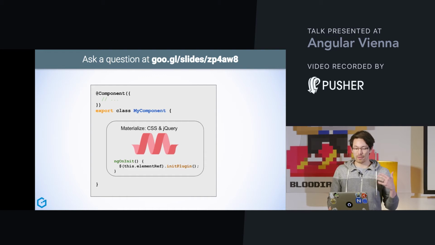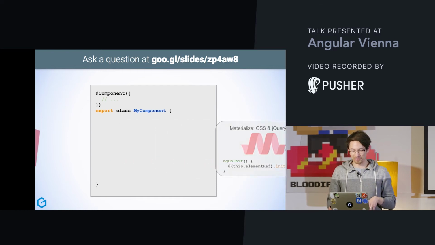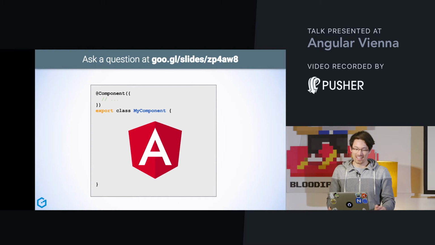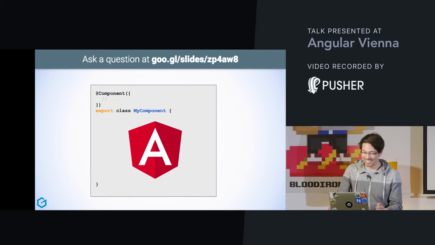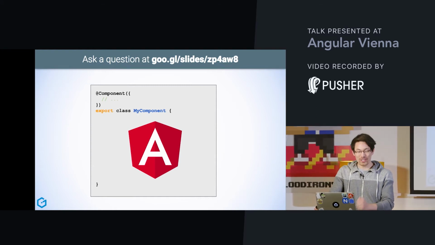Once we had a little bit of time, we were able to return to these components one by one and rewrite them just using the native Angular APIs. Like this. I wish it was so easy. And eventually, we were able to drop the Materialize JavaScript and the jQuery dependency altogether.